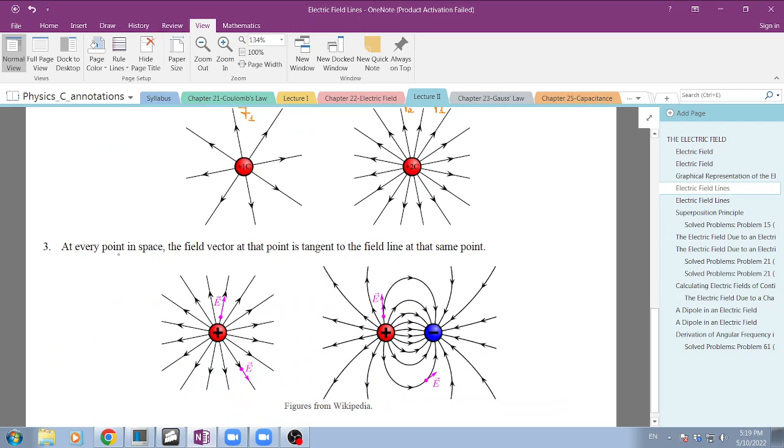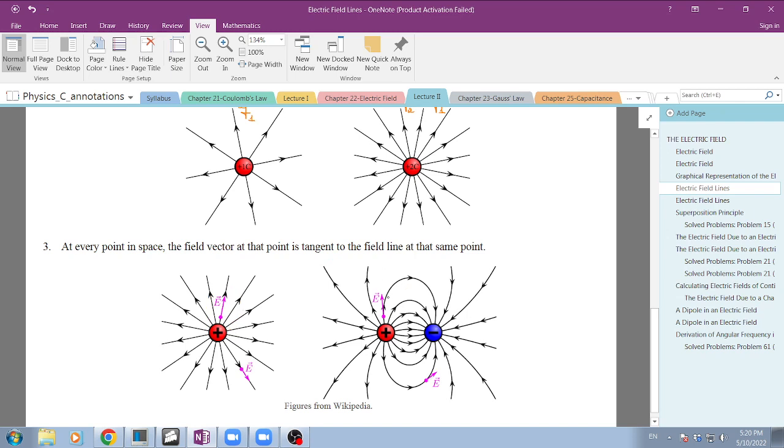Another one, my friends: at every single point in space, the electric field is always going to be tangent, tangential to the field line at that same point.